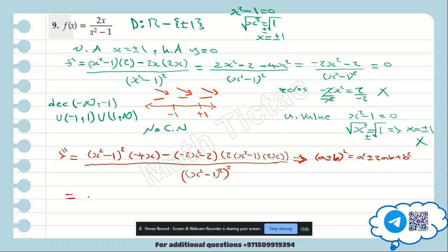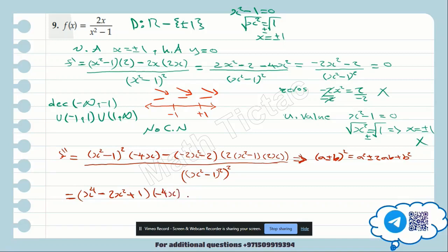So this is going to be the first one square, x to the power 4, minus 2 multiplied by the first by the second, this is 2x squared, plus 1, all of them multiplied by minus 4x.